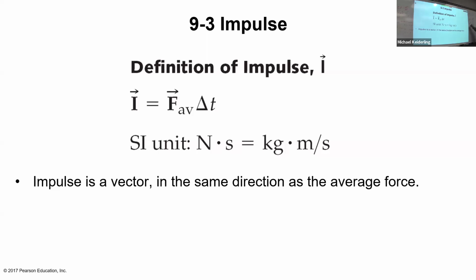The unit is Newton seconds, which is the same thing as kilogram meters per second. It's the same units as momentum. Impulse is a vector. It's in the same direction as the average force. So when you apply a force to an object, it gives that object an impulse, which will change its momentum.